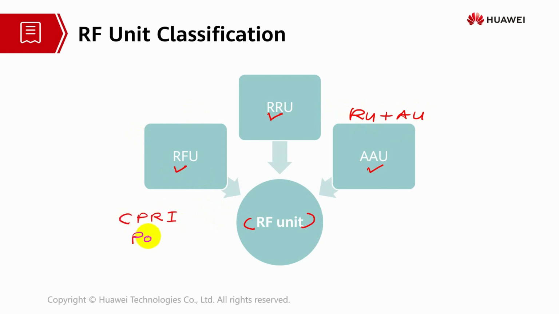It has a power module. It has the transmitter. It has the receiver. It has the power amplifier. It has low noise amplifier and also the TX and RX switch.